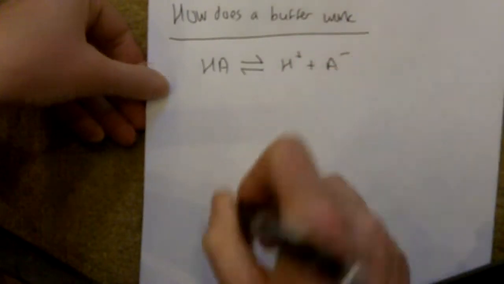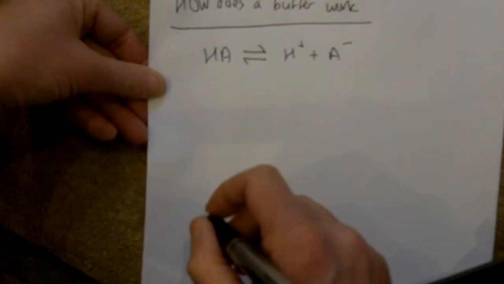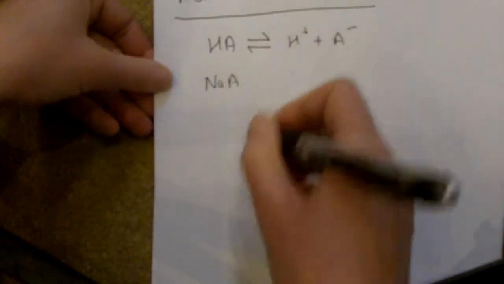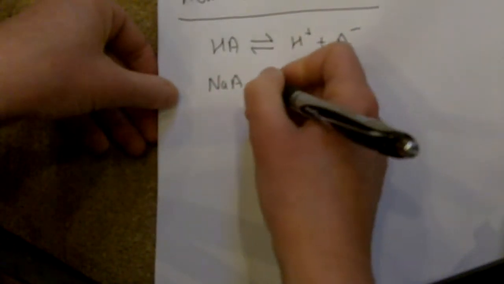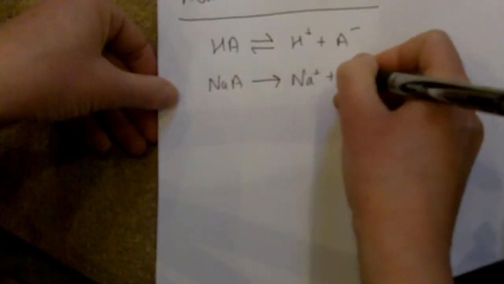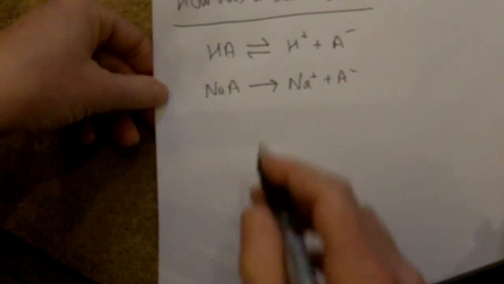Okay, this is all aqueous. I'm just not writing the state symbols on, but it's all aqueous. And then you have your salt of your weak acid, so maybe the sodium salt. And a sodium salt in water will fully dissociate into ions. Fully. Like that.